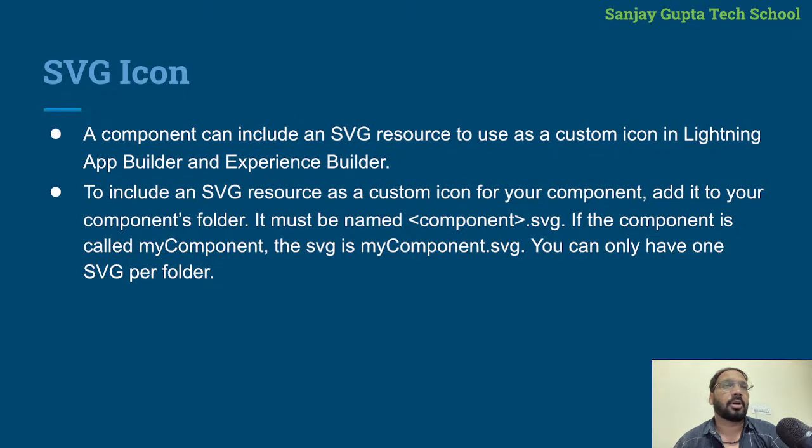If the component is called myComponent, its name should be myComponent.svg, and you can have only one SVG per folder. Basically if you want a custom icon, then generally we prefer it. And for static resources, like Firas shared one suggestion, we can have static resources imported. That is, I think, the easiest way to use static resources.